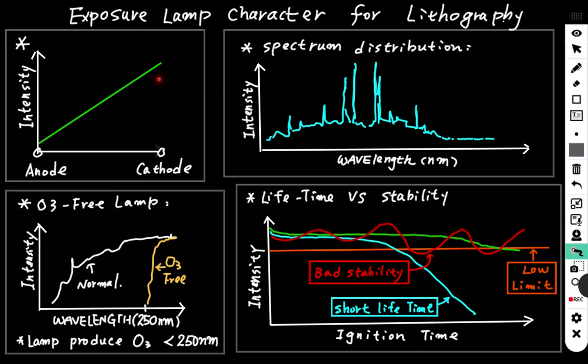This is the arc lamp inside data, and for every type of lamp, you can see we have the character for the intensity and then the wavelength. Every kind has its own wavelength and intensity.